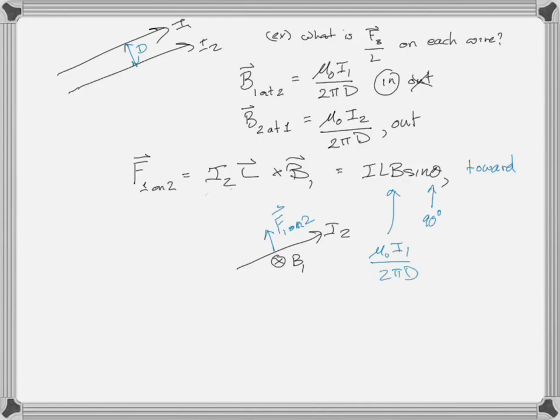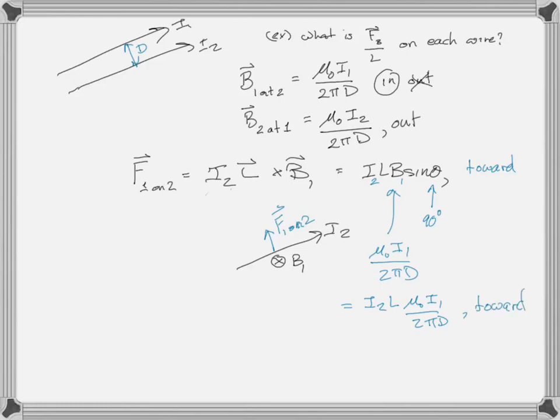L is not given, right, because we're actually doing force per unit length. And I is I2. So therefore, we can go ahead and fill in I2, L, B1, mu 0 I1 over 2 pi d, and sine of 90 degrees is 1. Toward. So there you go.